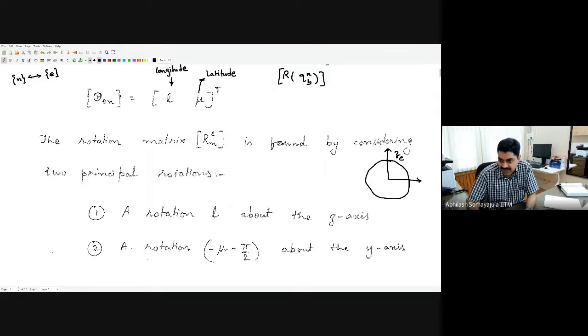And then if I'm considering any point at the NED frame, I'm drawing a tangent at that plane, and then I'm pointing the Z direction to be normally inside. That is ZN. Is that making sense?